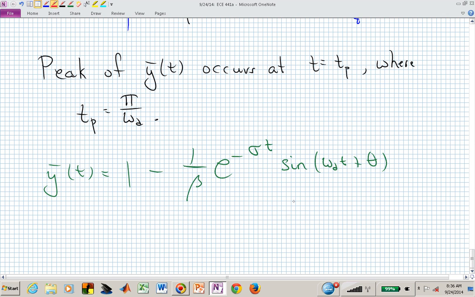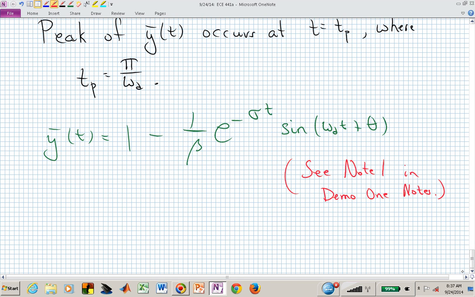So let me just say see note 1 in demo 1 notes. And in this expression, beta is the square root of 1 minus zeta squared, and theta is the inverse cosine of zeta.